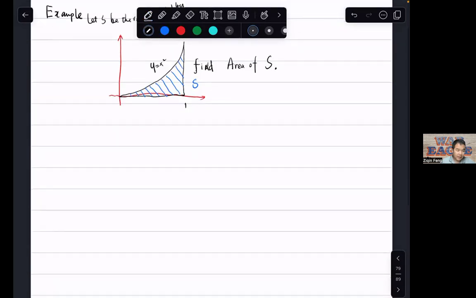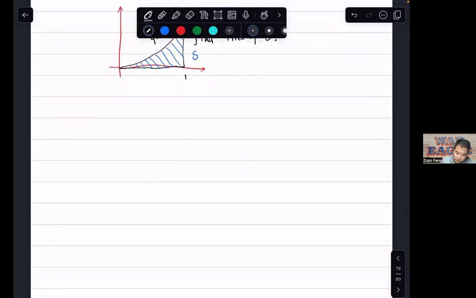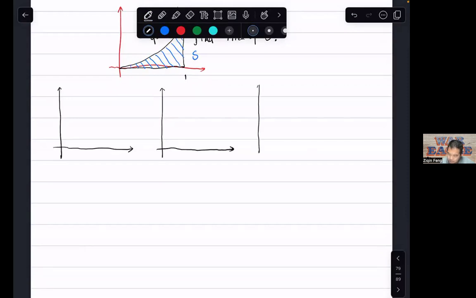Let me try to sketch a few pictures to illustrate the process. So clearly we don't have any ready-to-use formula. If you don't have any ready-to-use formula, one thing you can do is try to approximate it.